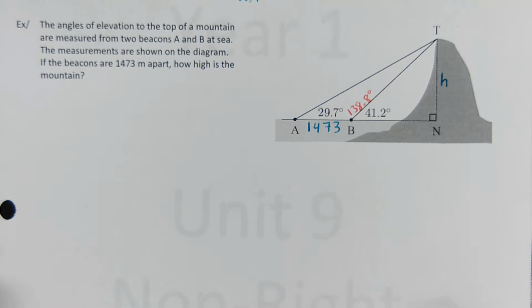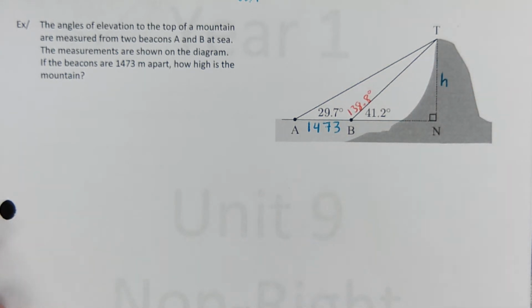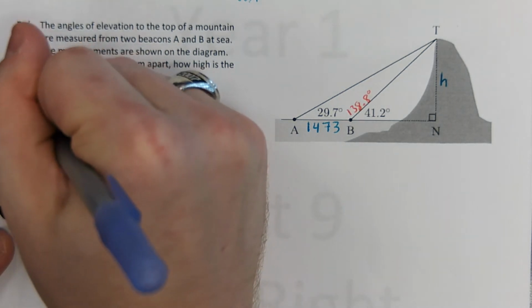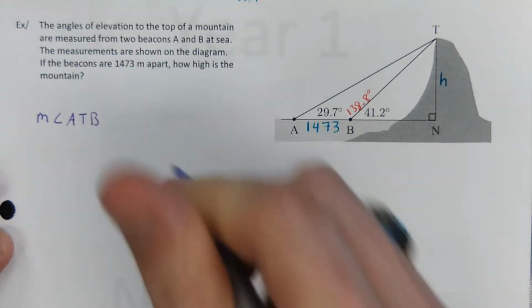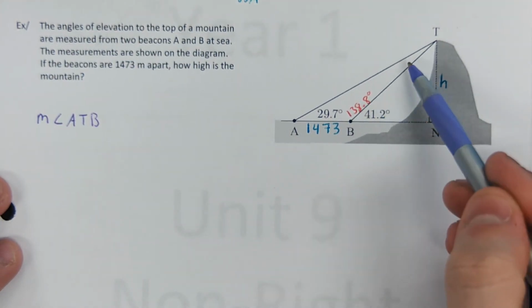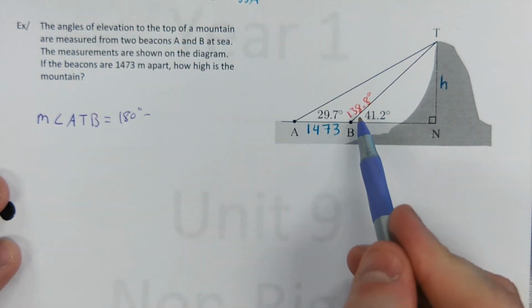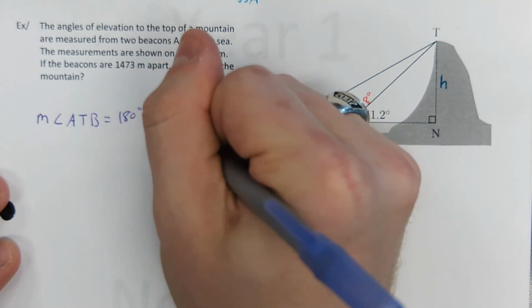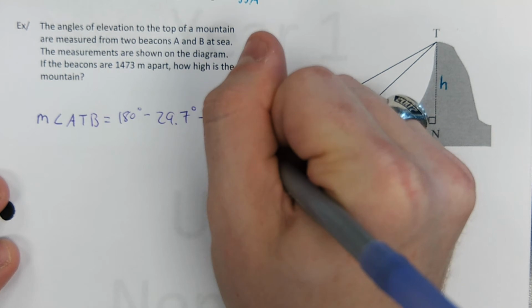That gives us the ability to solve for this angle right here. This is known as angle ATB. The measure of angle ATB, remember the middle letter is the one you're talking about, so ATB is up here, is 180 degrees minus the two angles that we know, which are 29.7 degrees and 138.8 degrees.